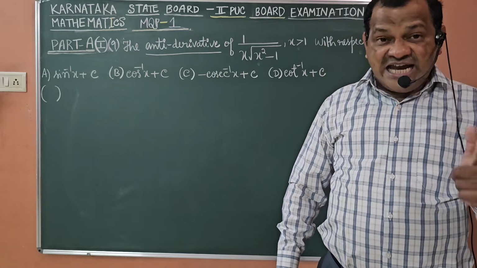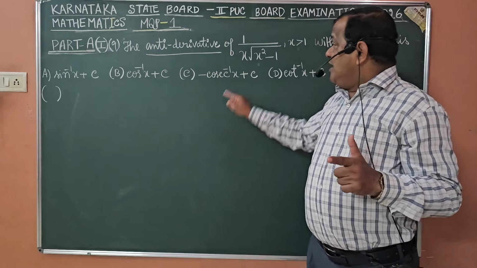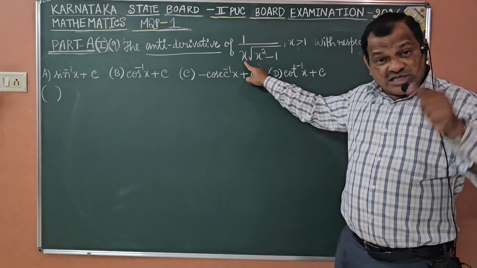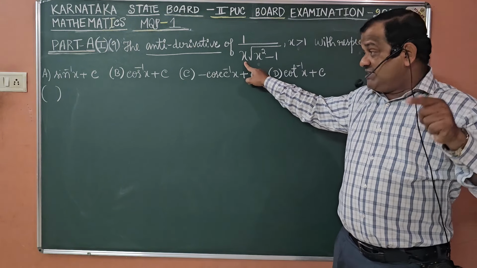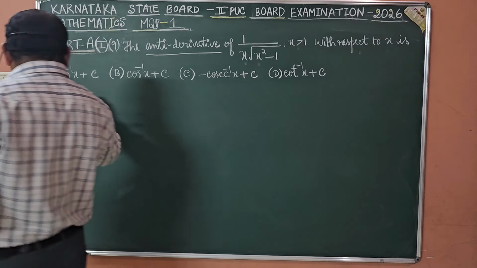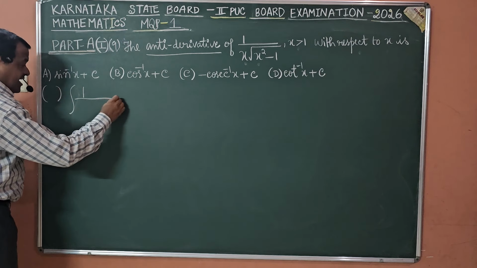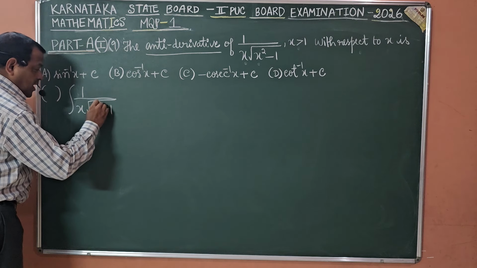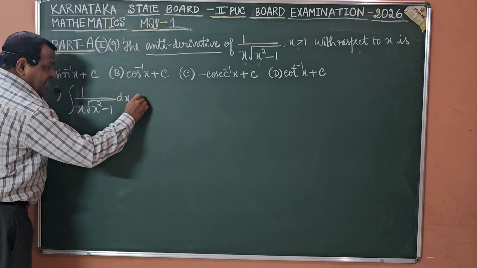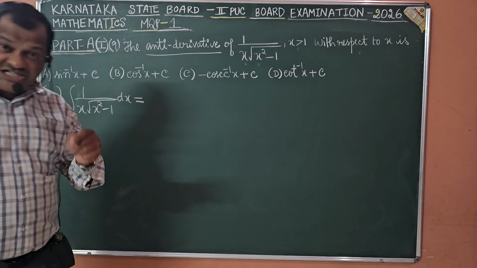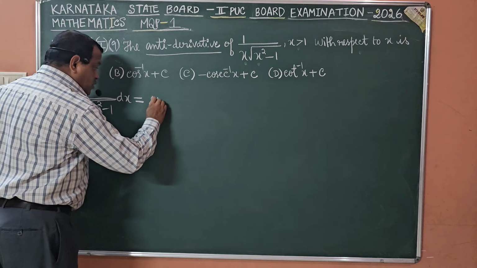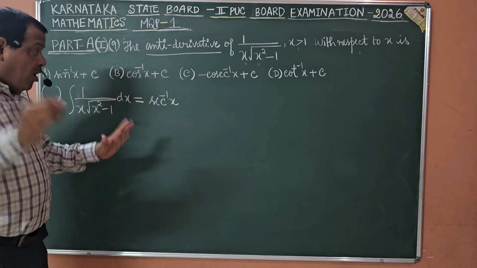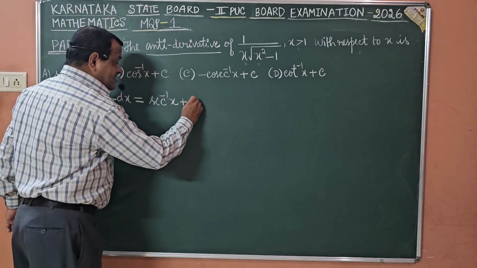To find the antiderivative of this means we integrate this. So that is the integral of 1 by x square root of x square minus 1 dx. The answer is in fact secant inverse of x, one of the possibilities, plus c.